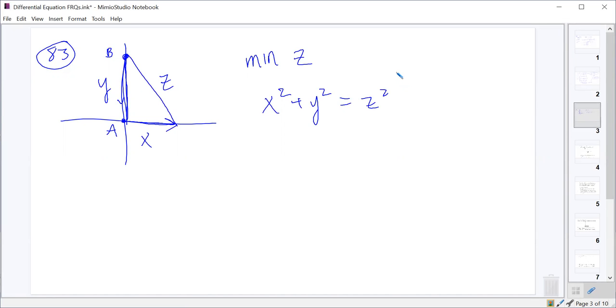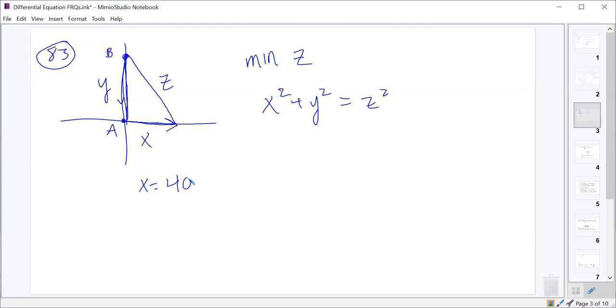And then we should be able to write both x and y in terms of t with any luck. So what is x equal to? If t is the number of hours after noon, it's moving at 40 miles an hour.